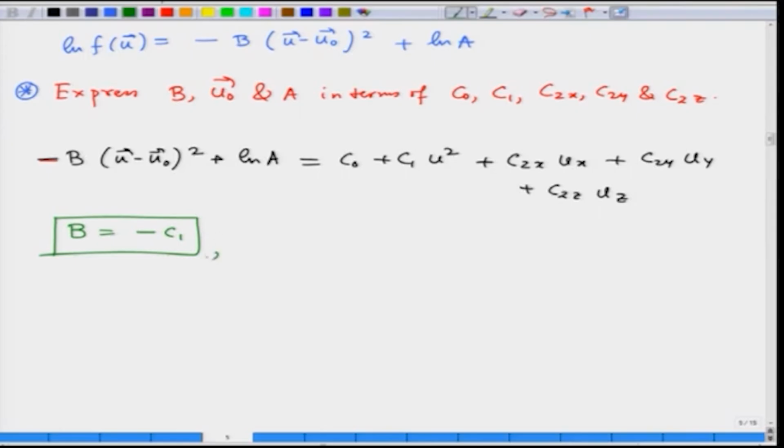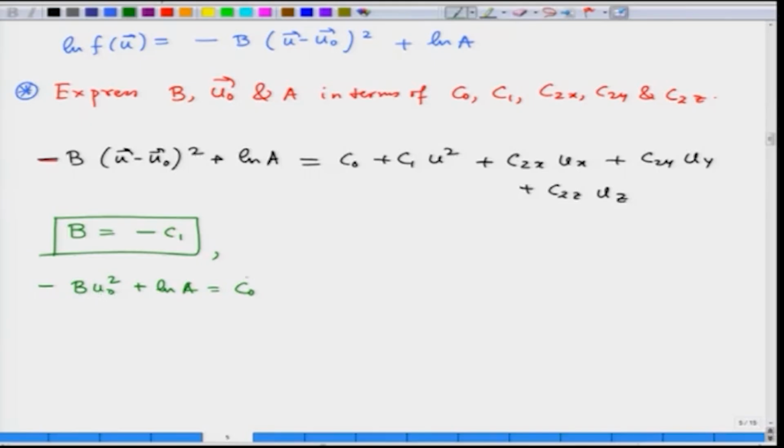Okay. Then you can also say minus b u0 square plus log a is equal to C0, but here you have one unknown that is known now. So, it is expressed in terms of C1. Now, you have 2 other unknown constants, u0 and a.